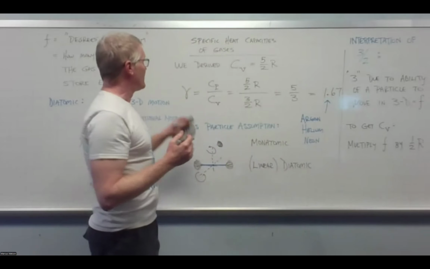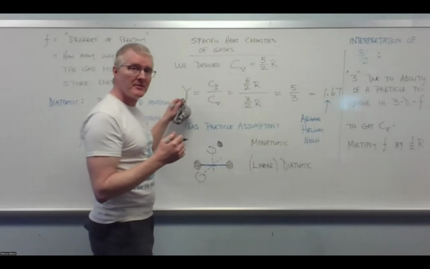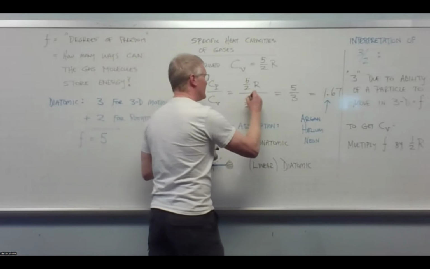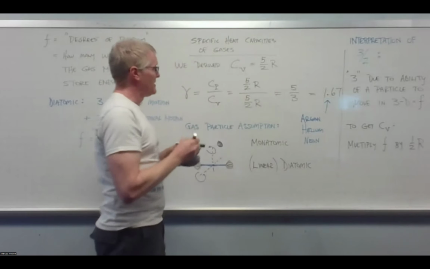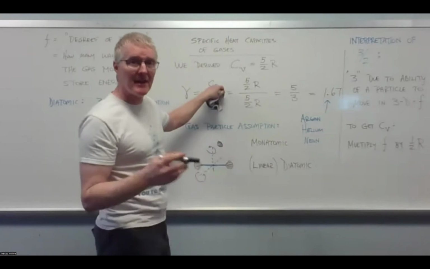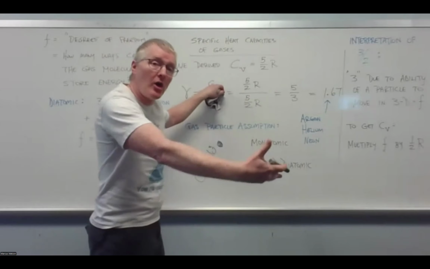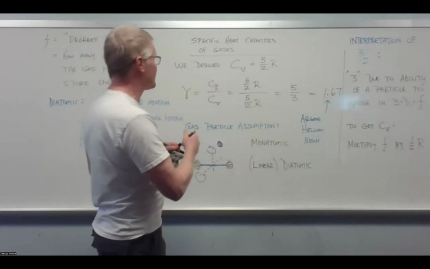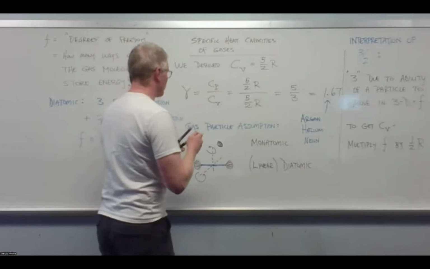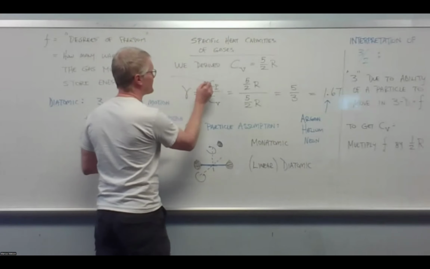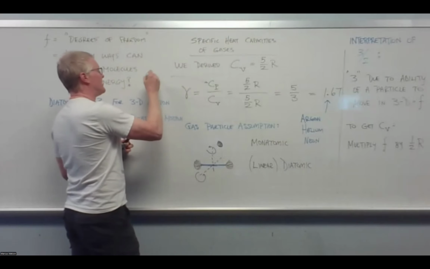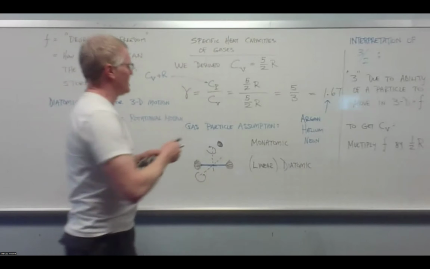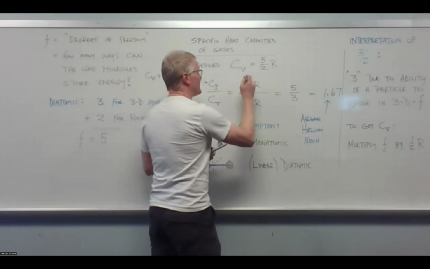Therefore, for the gamma factor, remember the CV now is 5. And now for CP, I have to add an extra R onto my CV. I erased that, but let me remind you that this is CV plus R. So that means I'm going to have a 7 here.